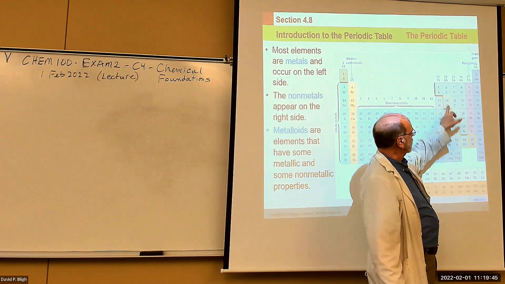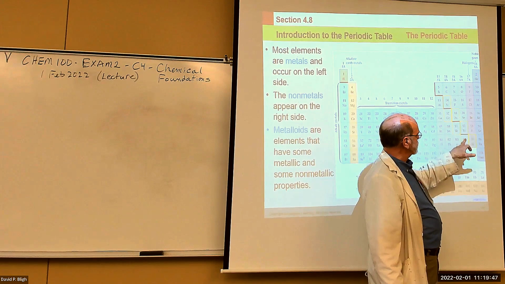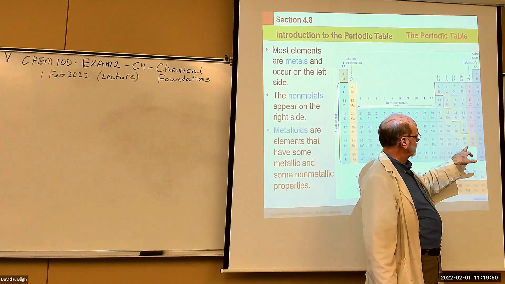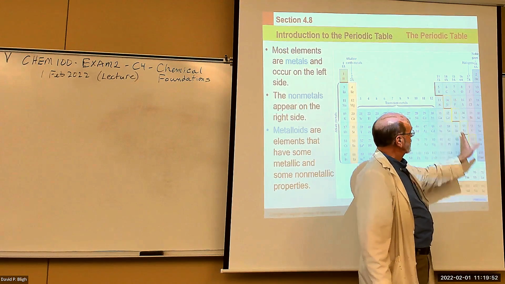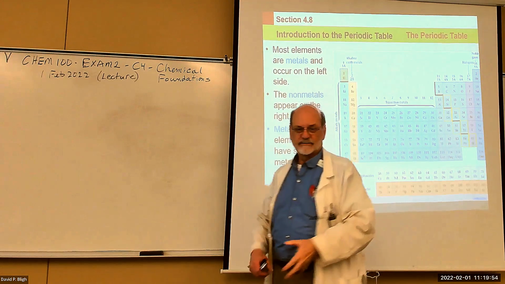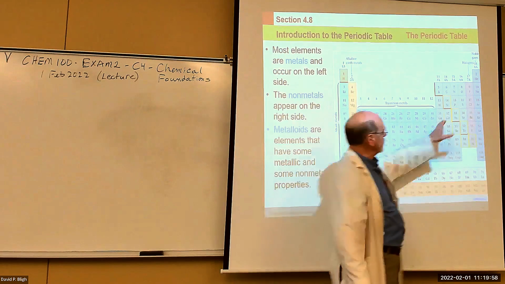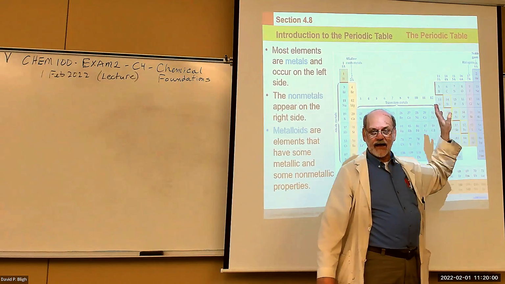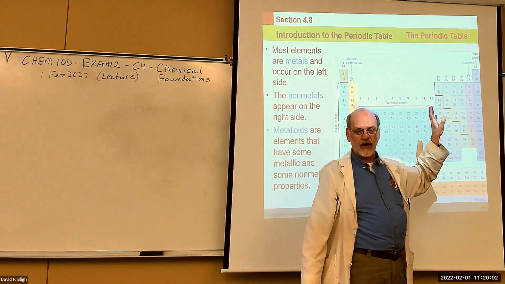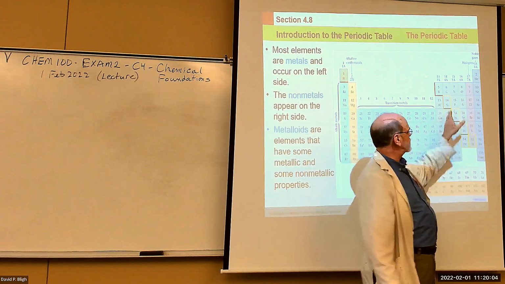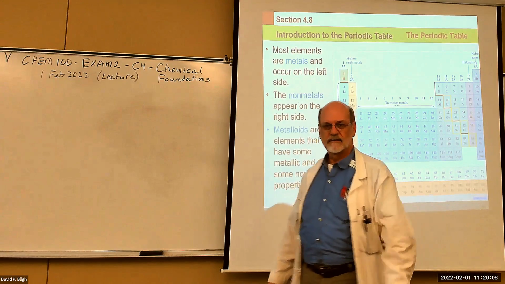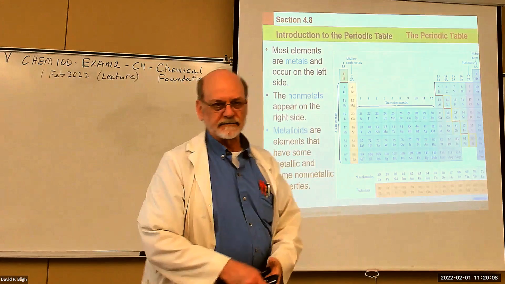But in general, silicon, germanium, arsenic, antimony, tellurium, polonium, and astatine are all metalloids. So we use this behavior in our semiconductor industry, right? All your electronic devices are based upon this metalloid behavior with silicon as the base.